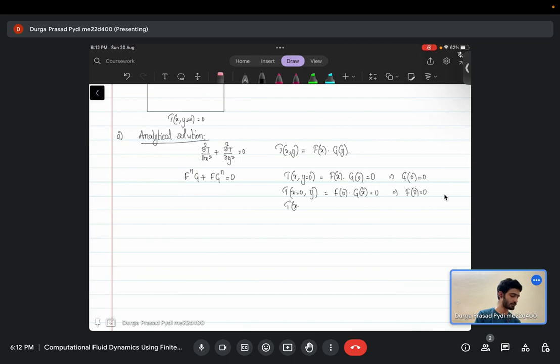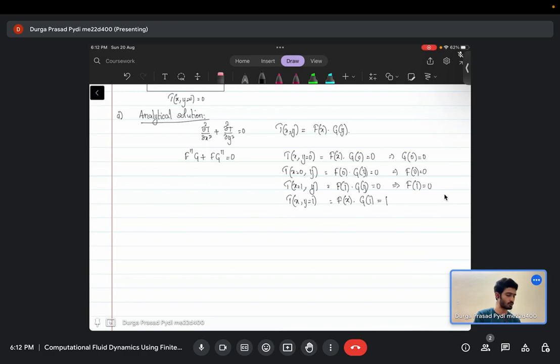Similarly, at x equal to 1, you get f of 1 times g of y. Again, to avoid the triviality where g of y equal to 0, you have f of 1 equal to 0. And we have the final condition, x comma y equal to 1. This will give you f of x times g of 1 equals 1. Here we don't have anything to say, but we'll come to that later.